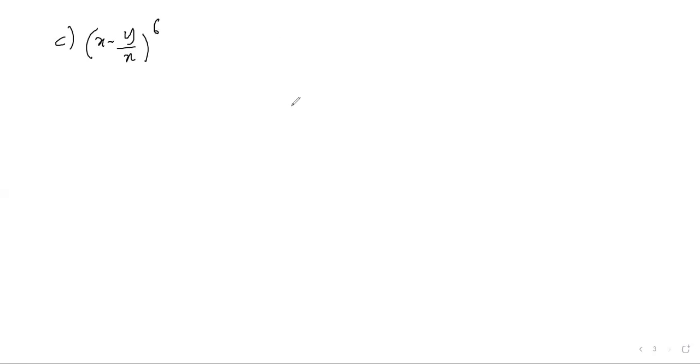If the term independent of x in the expansion of that is 68, find the value of y.